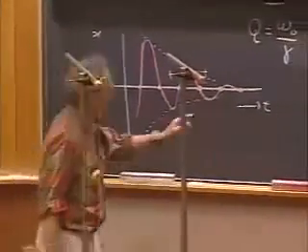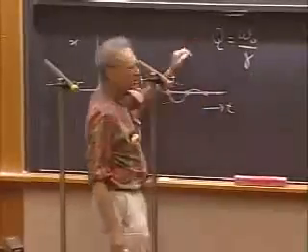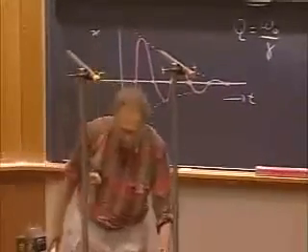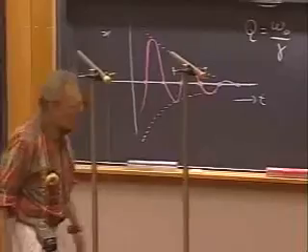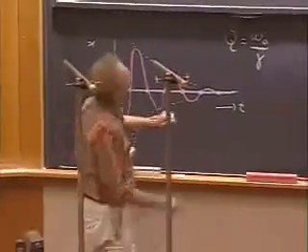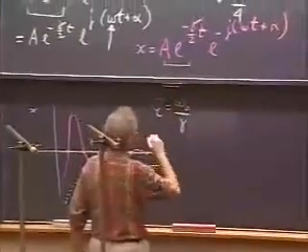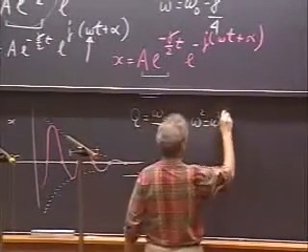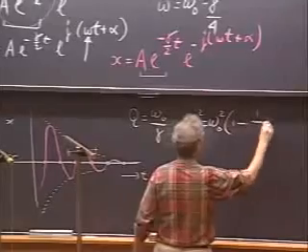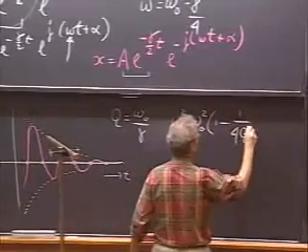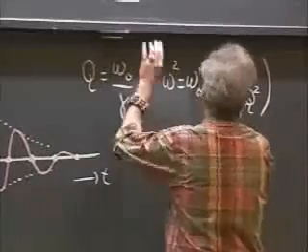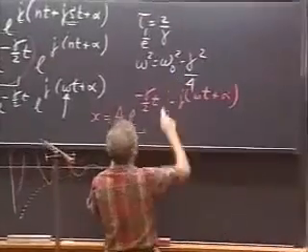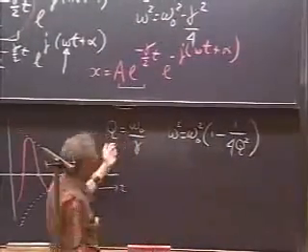You see immediately if gamma is high, then Q is low. It's a low quality oscillator. If you introduce that, you can go back to your omega squared equation, and then omega squared becomes omega 0 squared times 1 minus 1 divided by 4Q squared. Is this any different from that? No. It's just a different way of writing it because you introduce this.